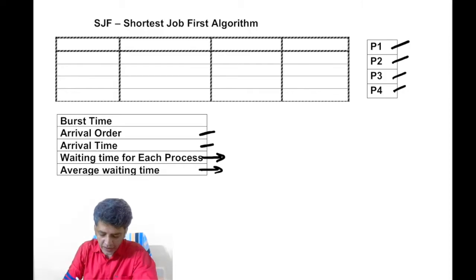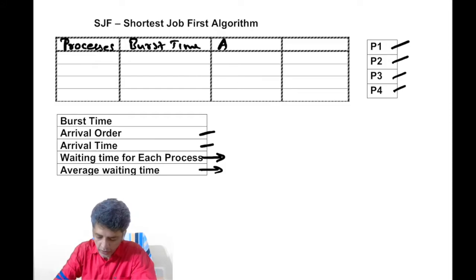First I need to fill out the processes, then burst time, then arrival order, then arrival time.